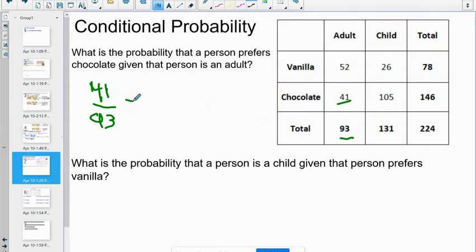So that's C and adult over adult, and that's going to be about 0.44 or 44%.